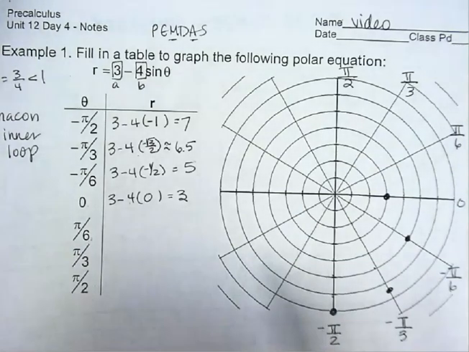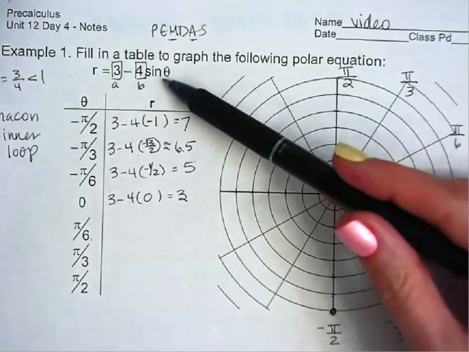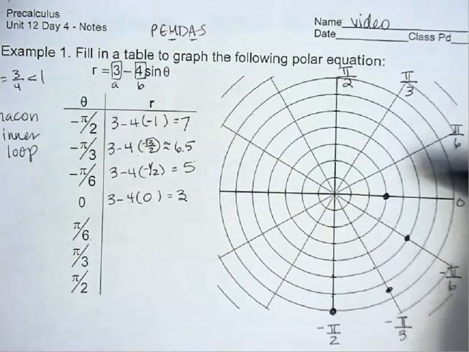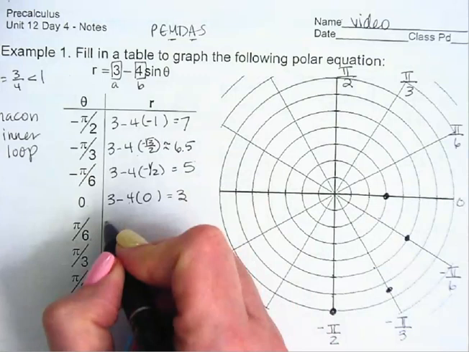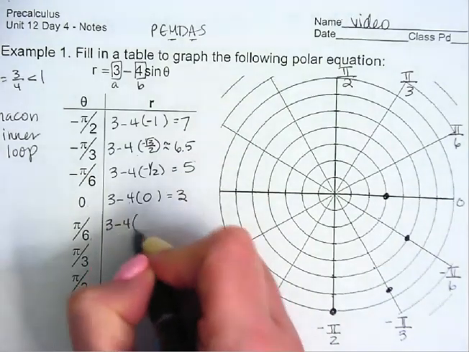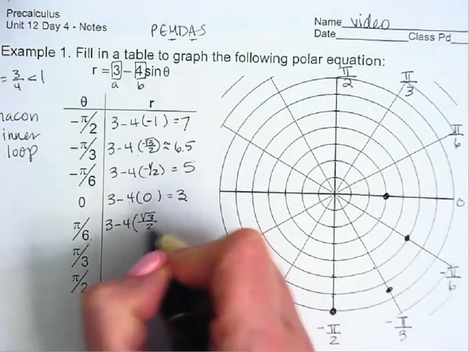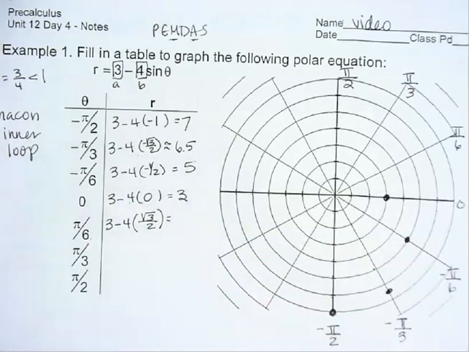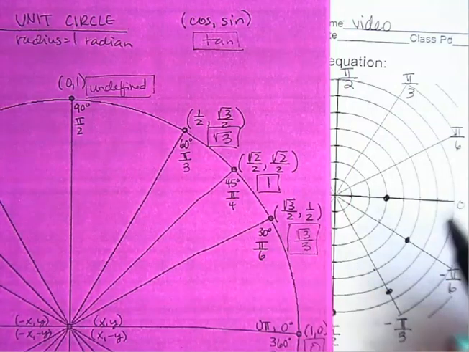Now π/6. Since we're finding the sine values and those are y's, the y value at π/6 is going to be the opposite sign to whatever -π/6 was. So it'll be 3 minus 4 times positive √3/2. Or if you just go to your unit circle at π/6.